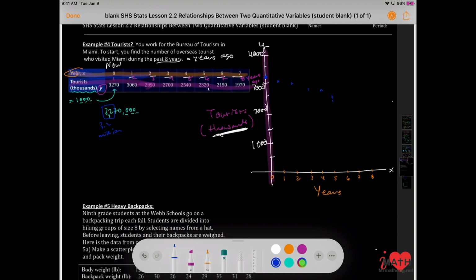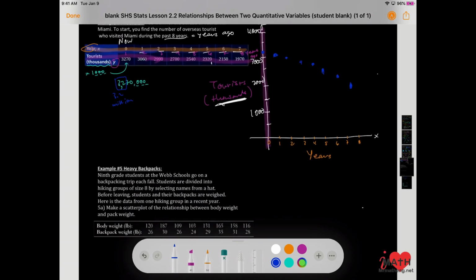And if you think about what we're doing, this is by hand, so there's definitely a lot of estimating, and then 7 there. Okay, and guys, for right now, it is a scatter plot, so it looks like just a bunch of dots. Okay, you're not connecting the dots right now.